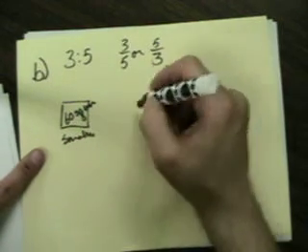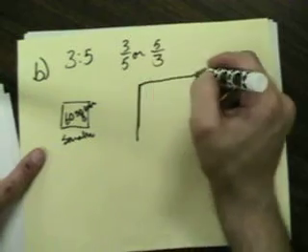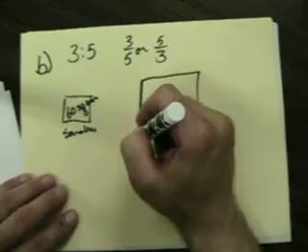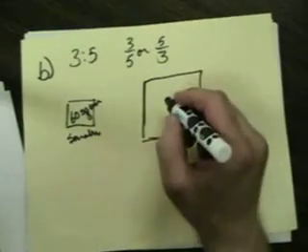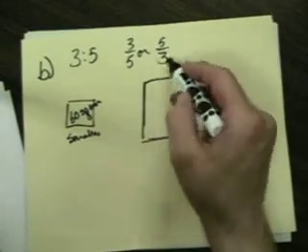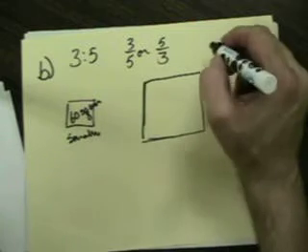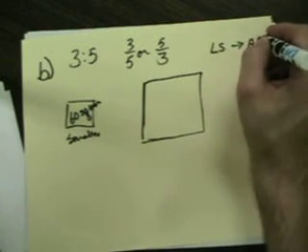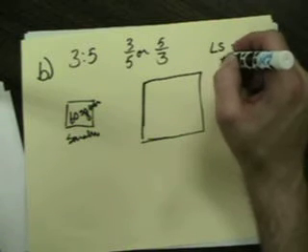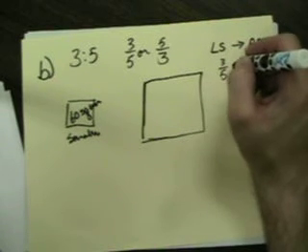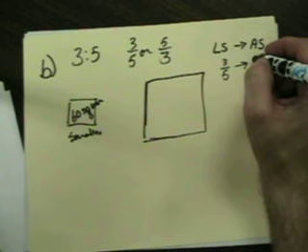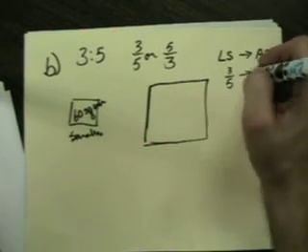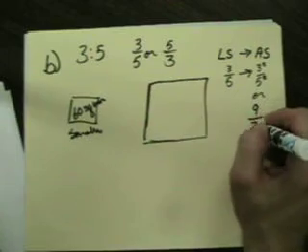Find the area of the corresponding larger one. We don't have any sides, but we do have this linear scale factor. So we need to go from a linear scale factor to an area scale factor. This one is 3/5, so this one should be 3 squared over 5 squared, or 9 over 25.